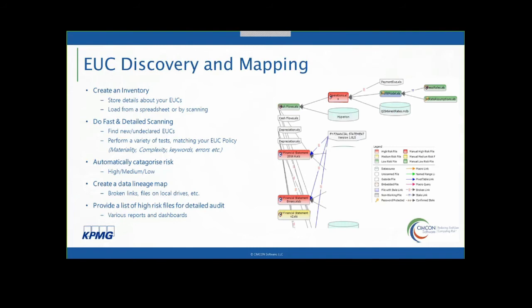Even if you do have an inventory already, scanning can be used to selectively challenge the inventory on an ongoing basis. So with scans, you'll be able to say, these files look like EUCs. Are you sure you've got them all in your inventory already? However you create your inventory, we can store it. You can then add your own user-defined fields to store extra information necessary to support your internal EUC policy as laid out and defined through the environment.